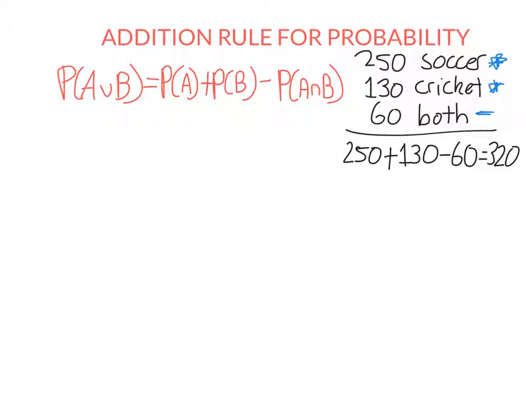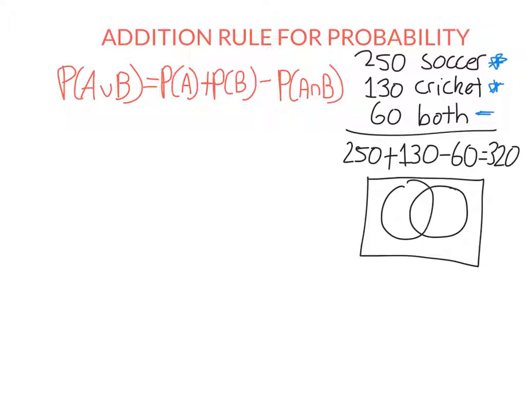Let's look at this in a Venn diagram. We'll draw up two sets. A could be, say, the set of all students who play soccer and B those who play cricket. If I want to find the probability that someone plays soccer or cricket, the probability they play soccer is the proportion of people that end up in this circle. The probability that they're in set B is the proportion of people that are in this circle B. As you can see, I've shaded the middle twice.